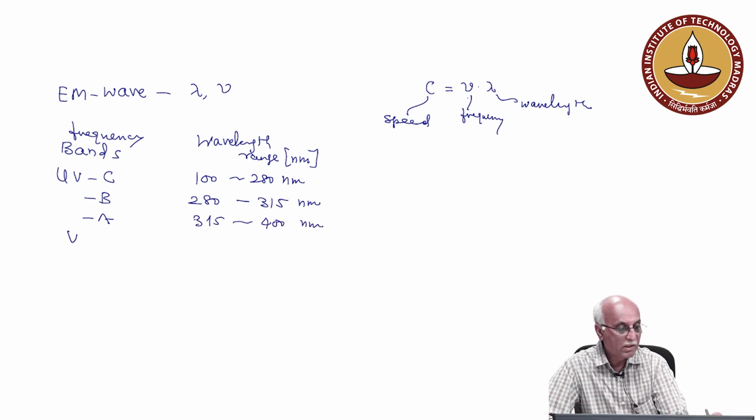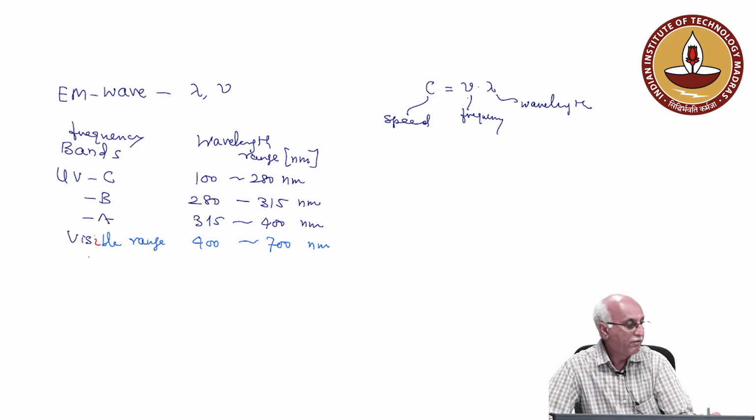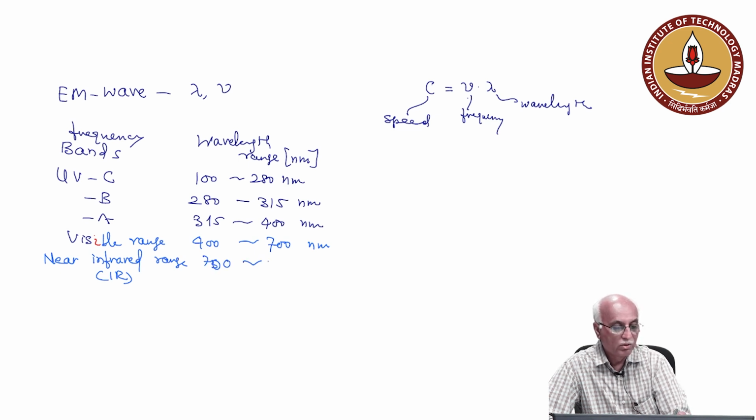UV stands for ultraviolet, with C, B and A bands. The visible range is from 400 nanometer to approximately 700 nanometer. The near infrared range is 700 to 1400 nanometer.